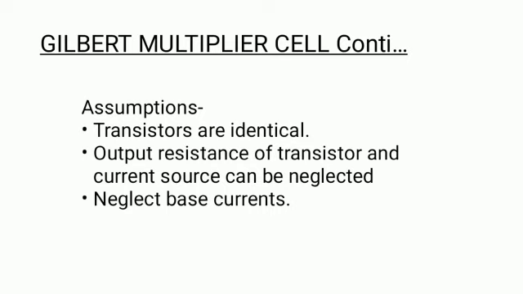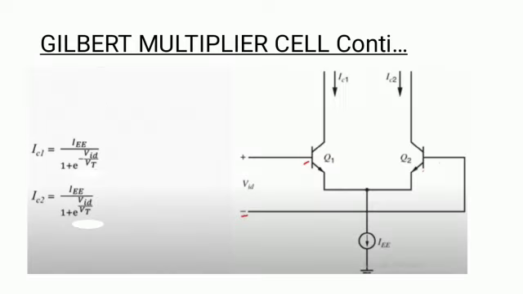As we have seen earlier, the collector currents for an emitter coupled pair are IC1 equals IEE by 1 plus e raised to minus VID by VT, and IC2 equals IEE by 1 plus e raised to VID by VT.